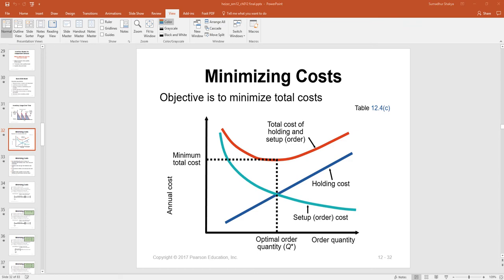However, at the point wherein both the holding cost and ordering cost intersect, that is termed as EOQ, or optimal order quantity, Q star. This is given by 2 times the annual demand. Now remember, this has to be annual demand.